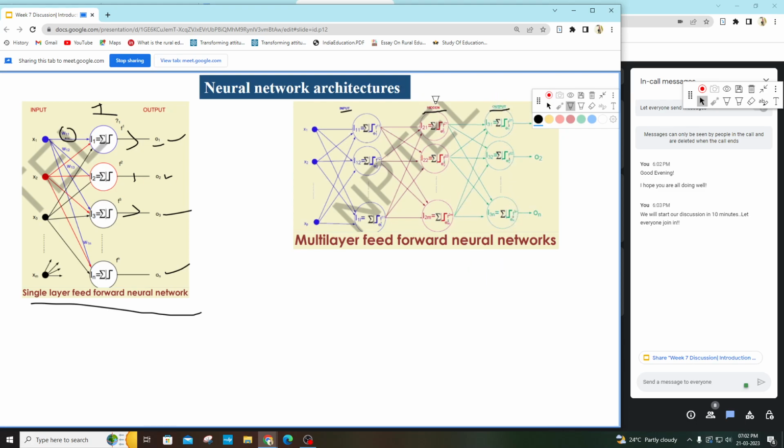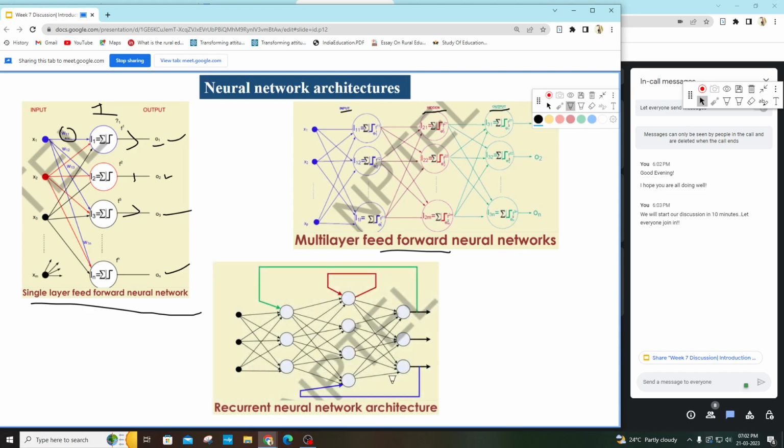In a complex multi-layer feed forward neural network, we can have more than one hidden layer. And it is feed forward because the information is traveling only in the forward direction. It is multi-layer because we have more than one layer: one input layer, one hidden layer, and one output layer. So this is known as a multi-layer feed forward neural network.